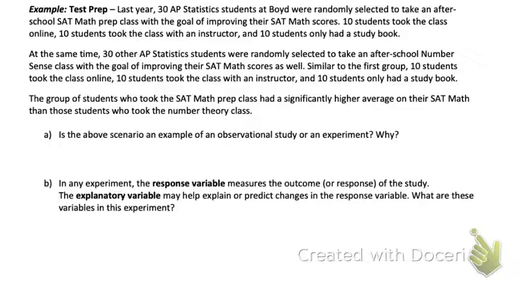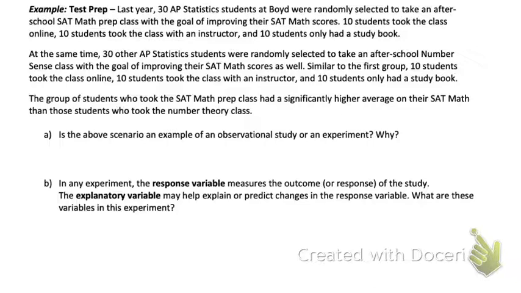So here we go. Last year, 30 AP Statistics students at Boyd were randomly selected to take an after-school SAT math prep class with the goal of improving their SAT math score. 10 students took the class online, 10 students took the class with an instructor, and 10 students only had a study book.